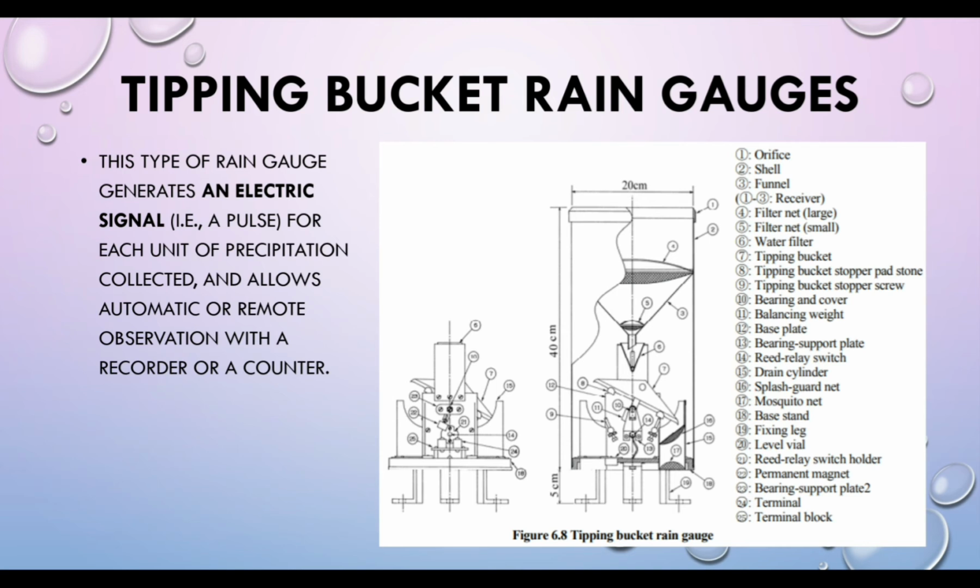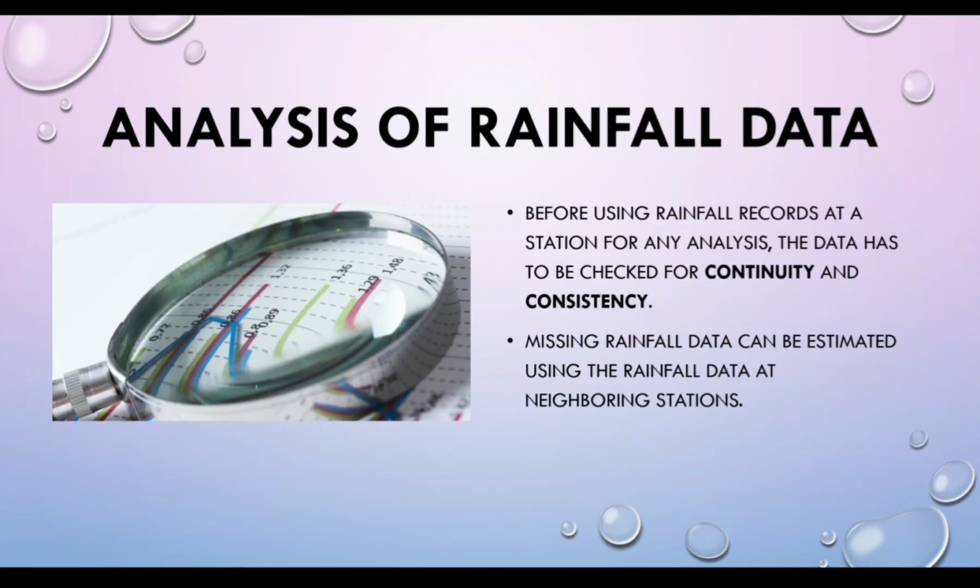The tipping buckets consist of two triangular vessels attached to the left and right of a rotation shaft, each with a capacity equivalent to a specific amount of precipitation. The reed or mercury switch is connected to these tipping buckets to generate an electric signal each time the buckets tip. That's why it's called tipping bucket.